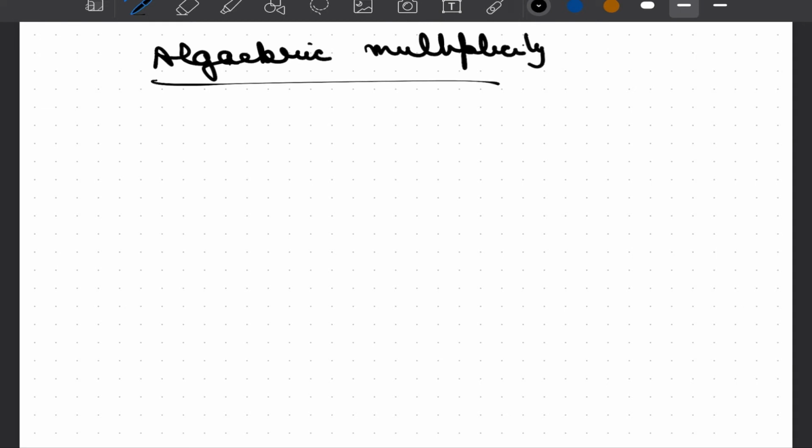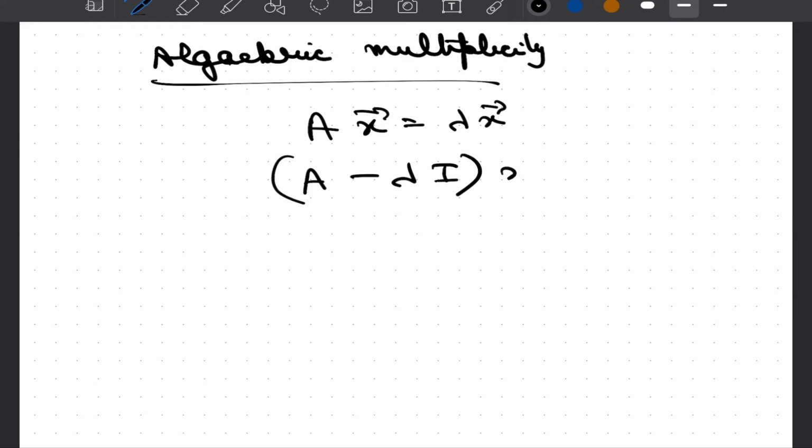Secondly, let us introduce another term, what we call algebraic multiplicity. As I mentioned, to determine the eigenvalues, we write AX equal to lambda X, which we can write as (A minus lambda I) times X equal to 0.